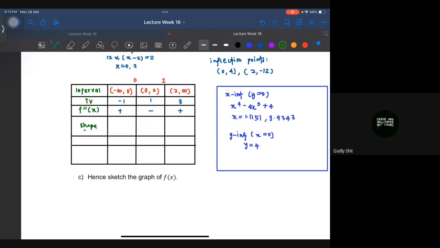Okay, kalau confused kita buat label lah shape F double prime X. Okay, and then bahagian bawah lagi saya nak awak buat F prime. Okay, and then lastly is shape untuk F prime awak.